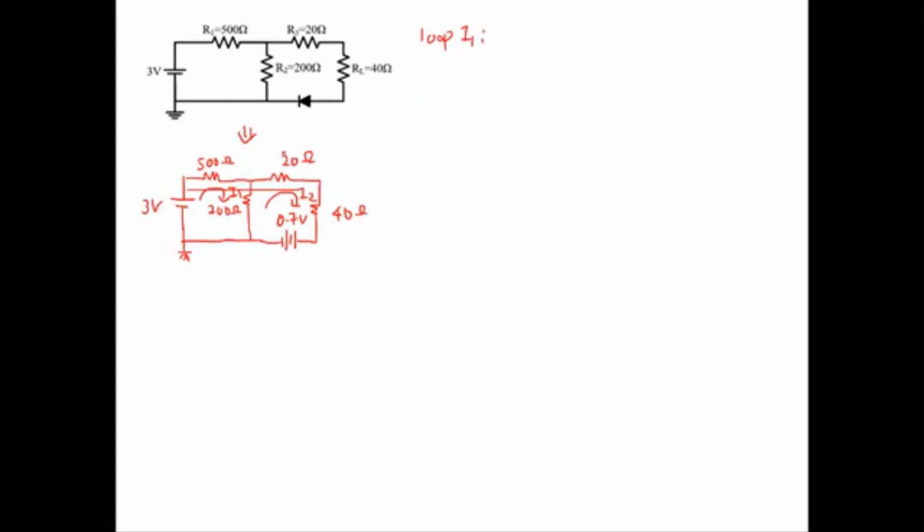So we start at the 3 volt, so the 3 volt is -3. And then we have the 500 ohm, where the current is I1, so we have I1 times 500. And then this is 200, where we have two currents, I1 and I2. Now we consider the clockwise direction, so this is I1 minus I2 times 200.